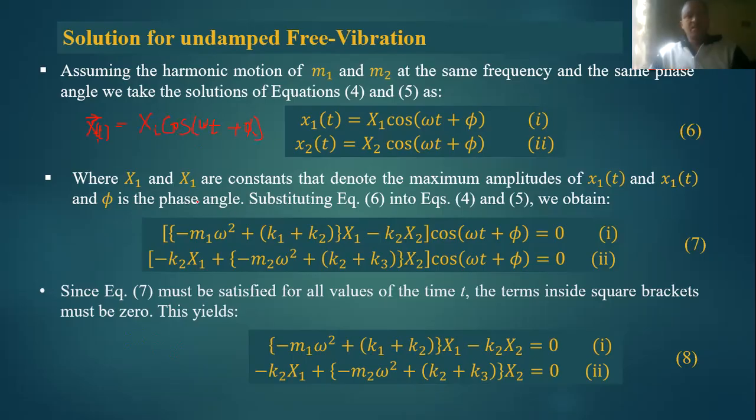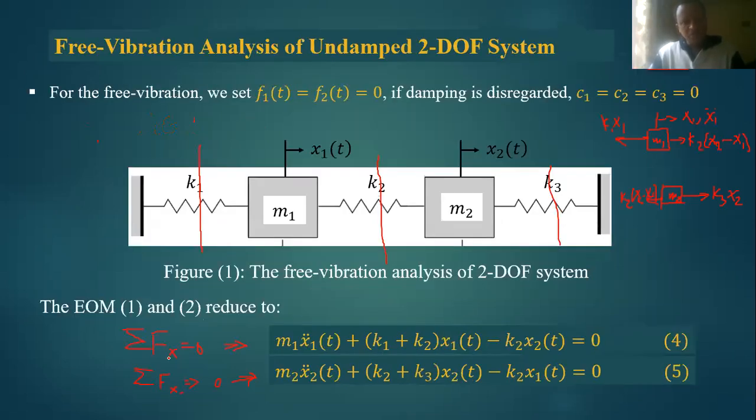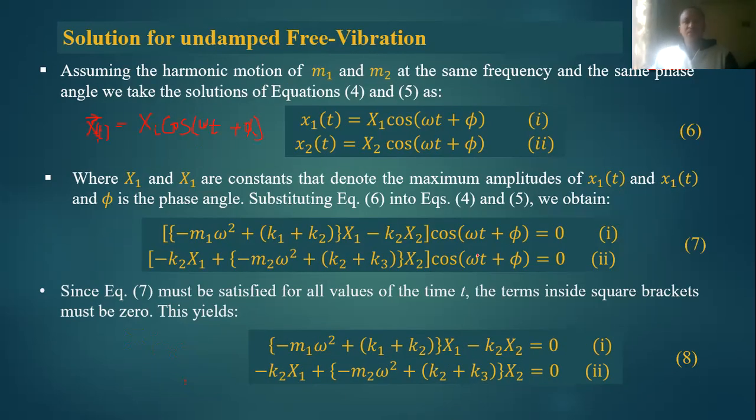Now, substituting this equation into the equation of motion, we directly obtain this kind of equation. Here we see cos omega t; for a non-trivial solution, cos omega t is different from 0. So just equating the term inside the square bracket to 0, we get this equation.